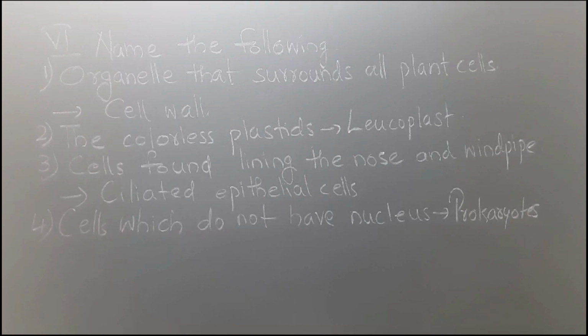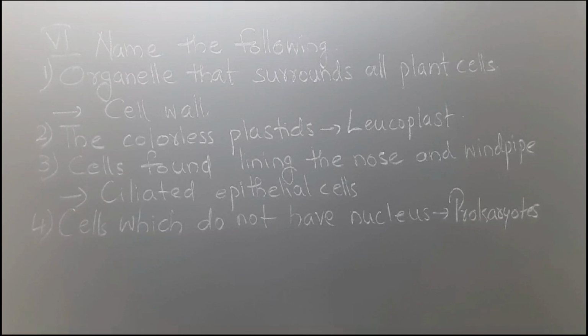Then number 2, the colorless plastids. We learned that there are 3 types of plastids: chromoplast, chloroplast, leucoplast. Leucoplast is the one colorless plastid. So the answer is leucoplast.